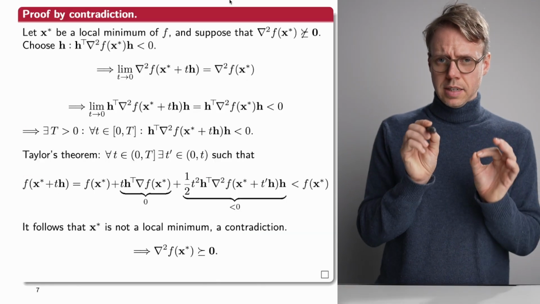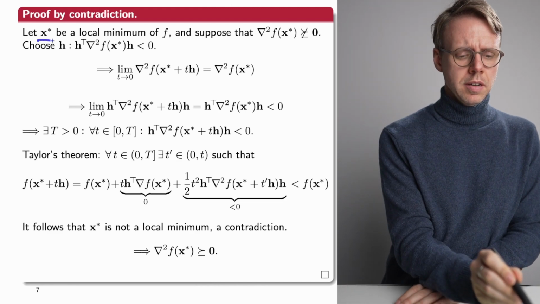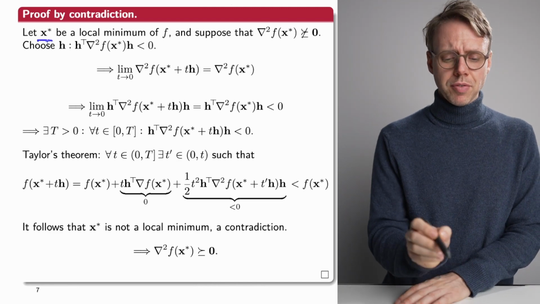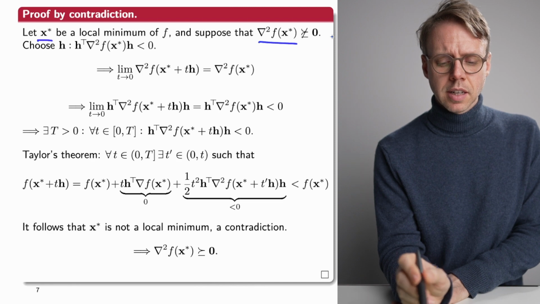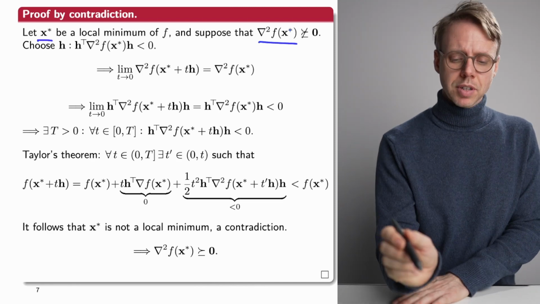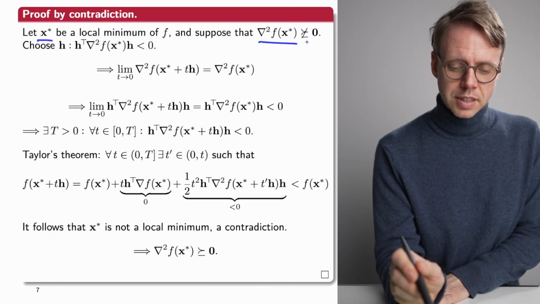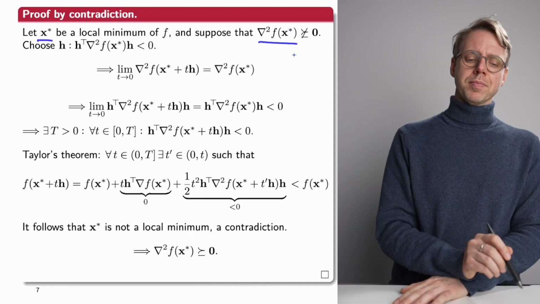So let the point x star be a local minimum of a function f, and suppose that the Hessian is not positive semi-definite. So we take our positive semi-definite sign and we cross it through. Doesn't hold.